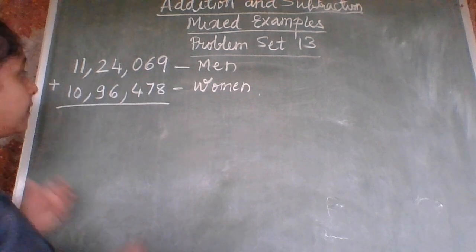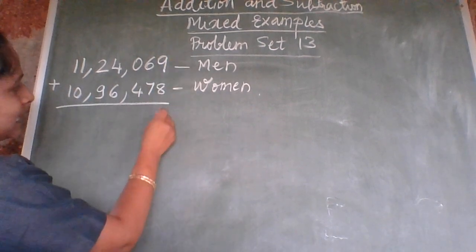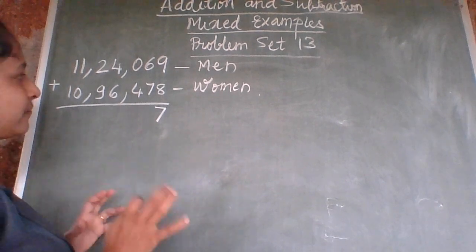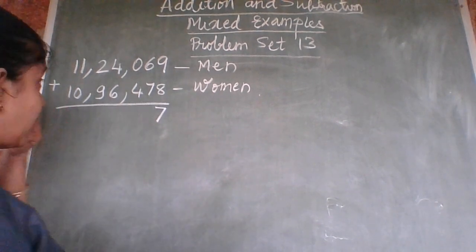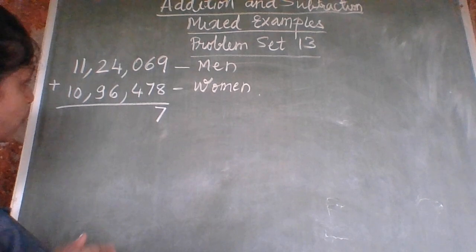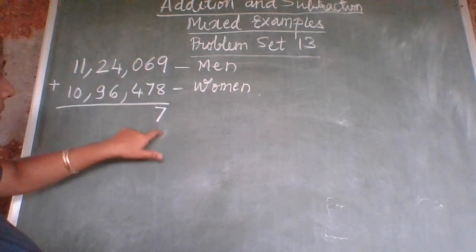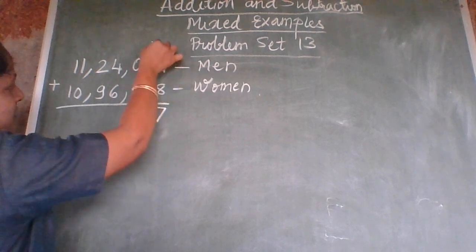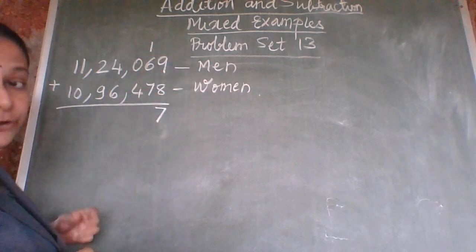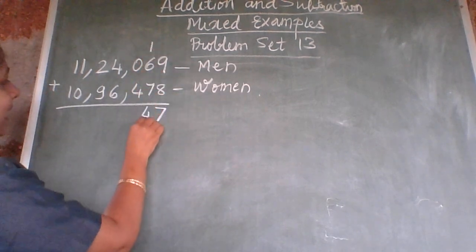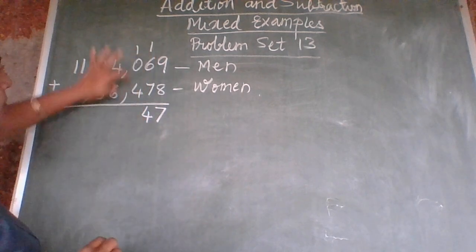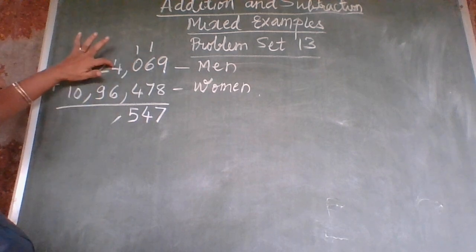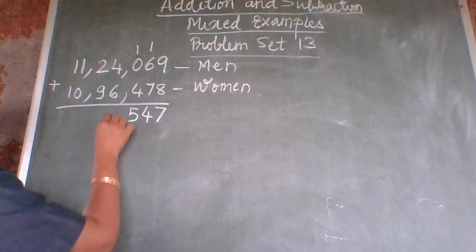Fine. So 9 plus 8, everybody knows that it is 17. Correct? If you don't know, you have to practice these combinations of numbers, as I have mentioned previously also. So 9 plus 8 is 17. So carry 1. Now this becomes 6 plus 1 is 7, and 7 plus 7 is 14. Okay, so carry 1 again. Now 4 plus 1 is 5. Now 6 plus 4 is equal to 10.